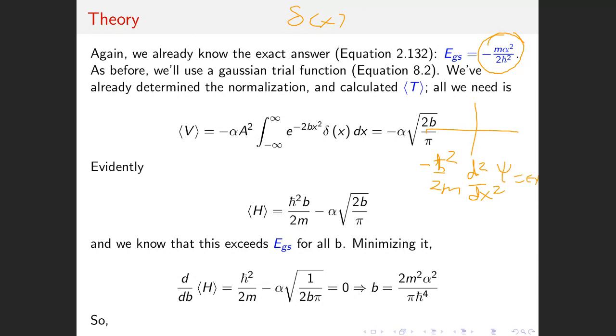So the psi is just e to the ikx, and just check, and then your energies will be given by k squared, which is this one.